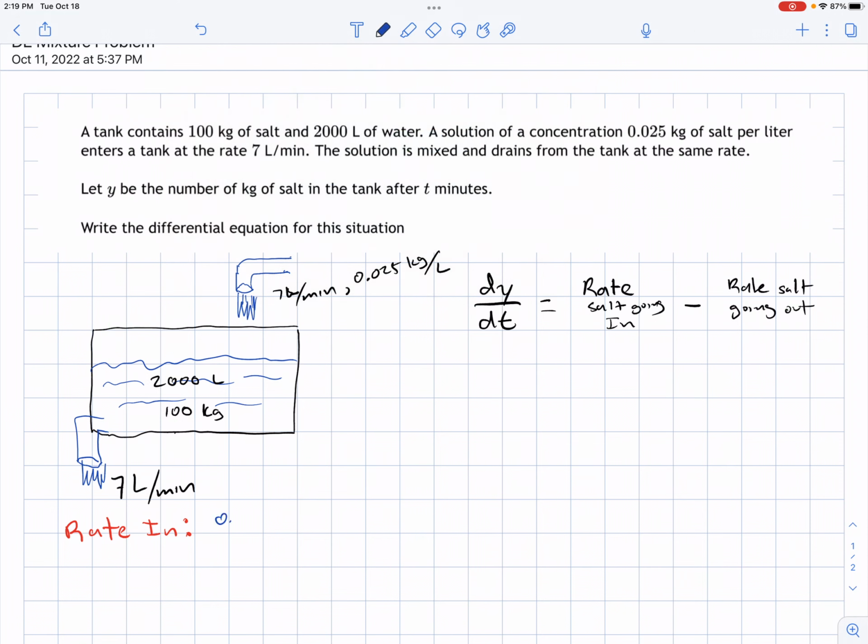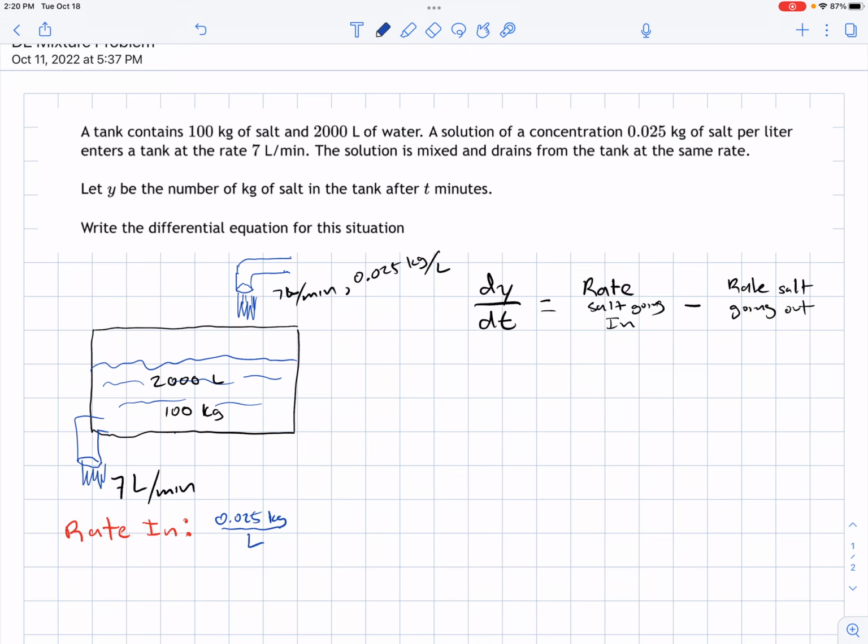But we essentially want the rate the salt is going in in terms of kilograms, because that's what Y represents, and over time. So kilograms per minute. We don't want kilograms per liter, we want kilograms per minute.